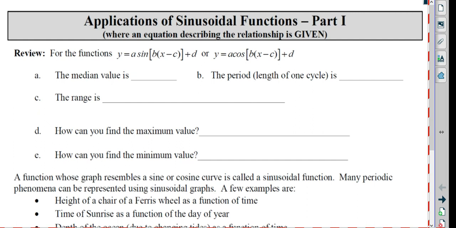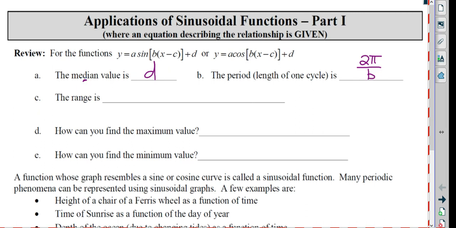Review. For the functions y equals a sine b bracket x minus c plus d or cosine, what is the median value? What is the median value? That's going to be one of those days. What's the period? 2 pi over b.